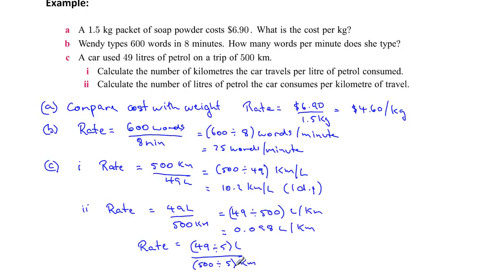So because we divided this by 5 to get it per 100 kilometres, we need to divide the top as well, because that's the way you do it with fractions, as you know. Whatever you do to the bottom, you need to do to the top. So when you work this out, our answer is 9.8 litres per 100 kilometres. All right, so there's an example of our rates and how to calculate those.